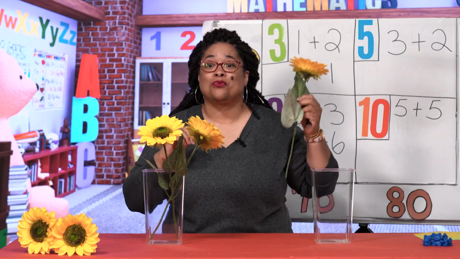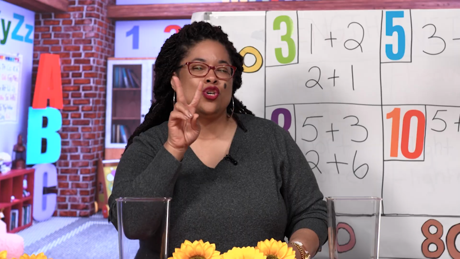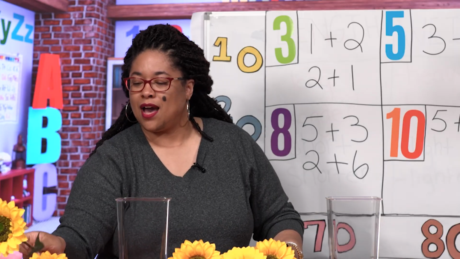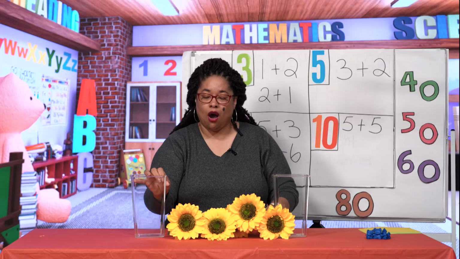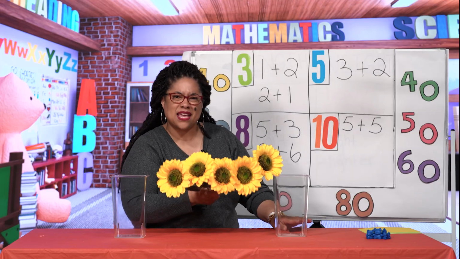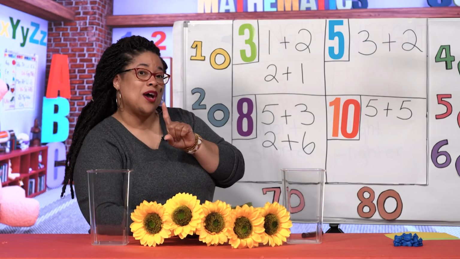Now, let's bump that number up. Let's go from 3 flowers to 5 flowers. Now, I already have 3. I need 2 more. 1, 2. All right, now let's start thinking, how can we break this big number 5 up into smaller parts? Now, I've already done one for you.